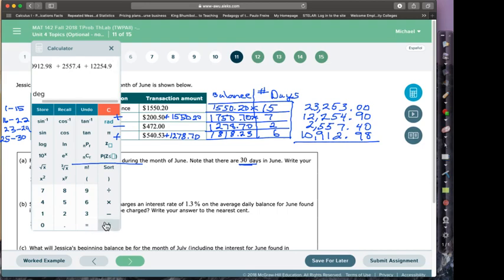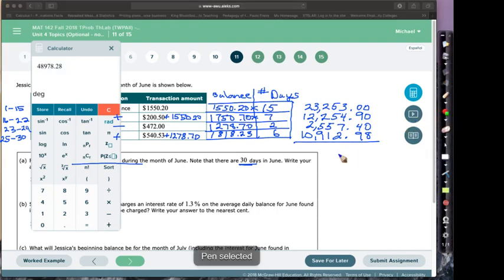That's good. Plus 23,253.00. So we total it, we write down that is our total balance for the month.